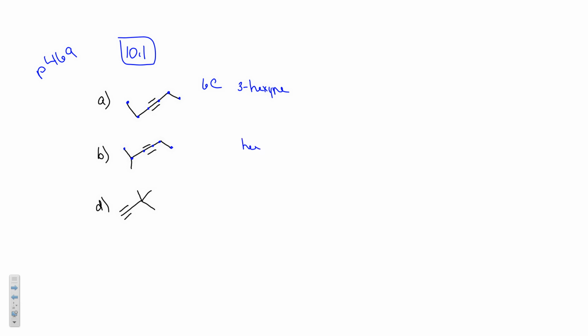So what are my numbers here? It's on carbon 3, and what substituent do I have? I have a methyl group, so that would be 2-methyl-3-hexyne.